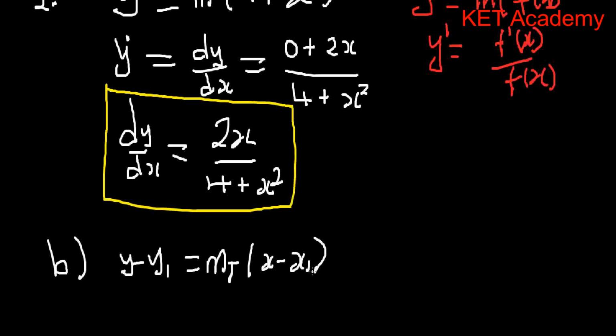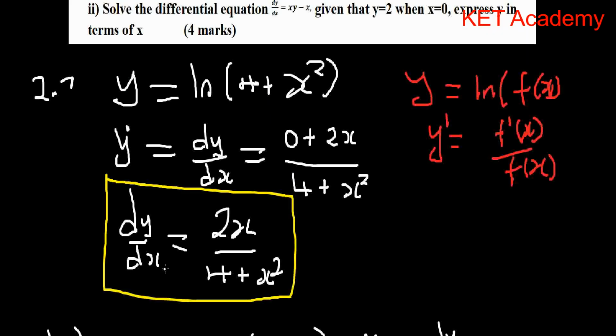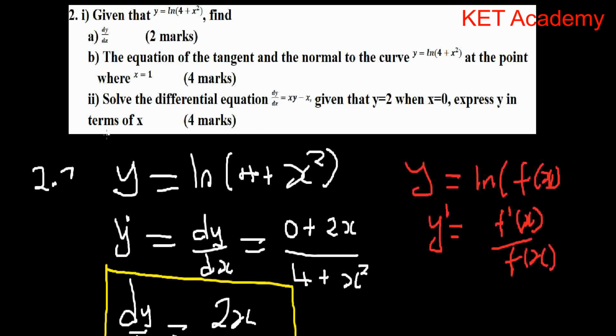Where mt is dy on dx, that is the gradient of the tangent. So the first derivative gives us the gradient of our tangent, and now our y1 will simply be the value of y when x is equal to 1.